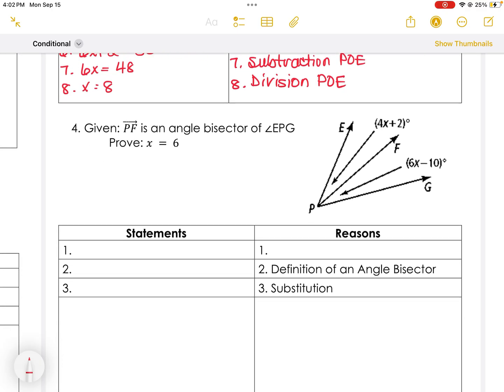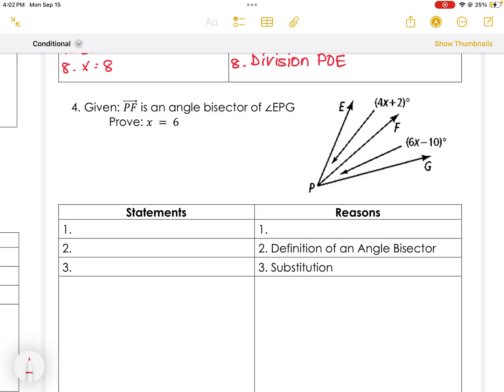Okay, and then lastly, problem 4. I'm told that PF is an angle bisector of angle EPG. That's given. And so what does that mean? The definition of angle bisector means that EPG is cut in half.